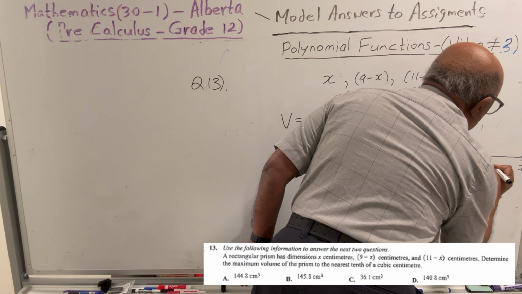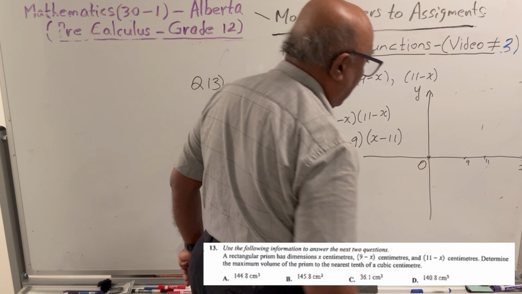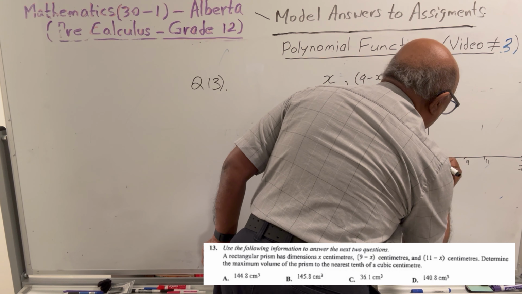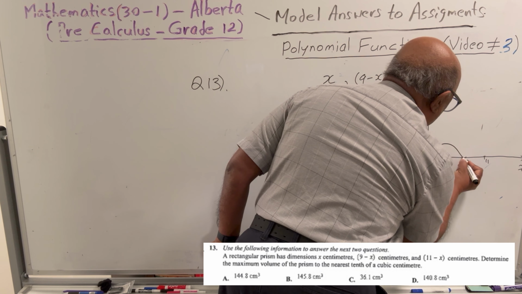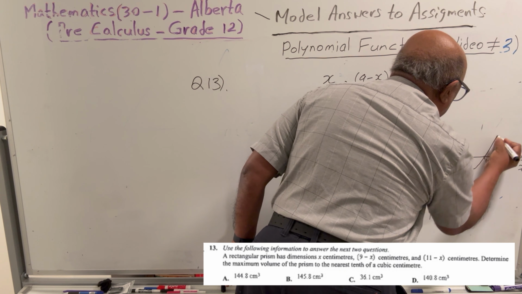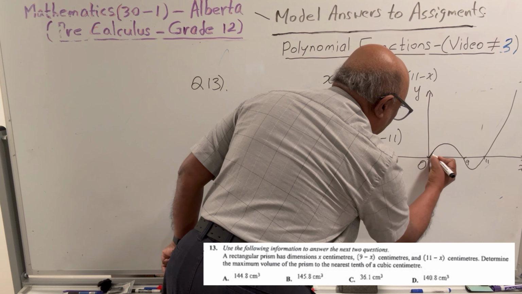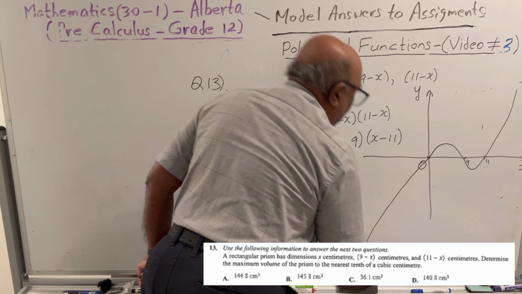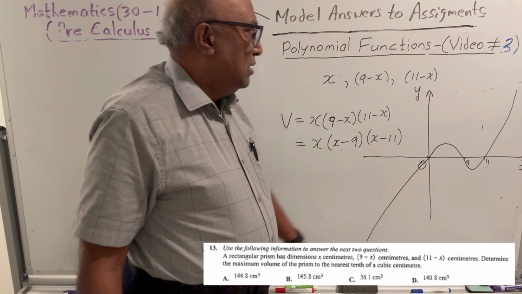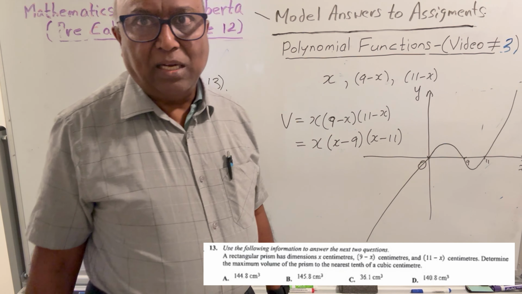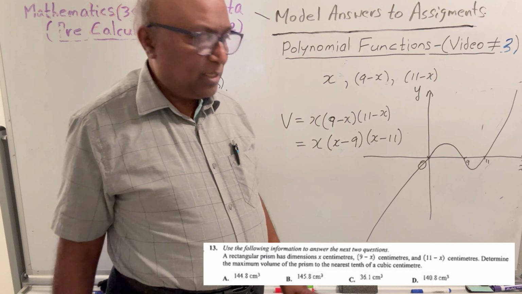That is one thing. Then you can draw the graph like this. This is a partial graph. This side also, if you develop it, this is the way. You must plot this in your graphing calculator using technology.